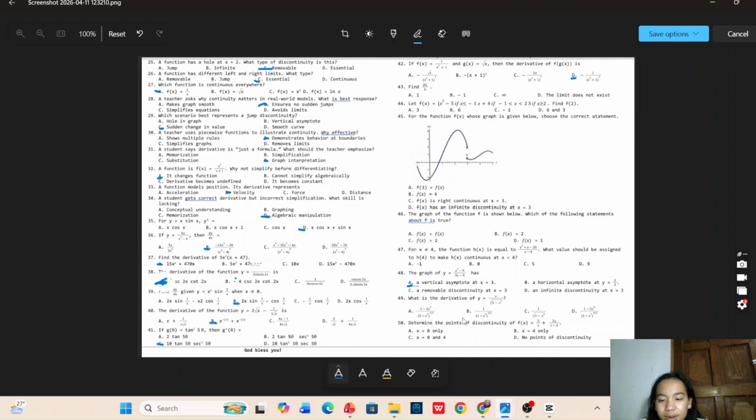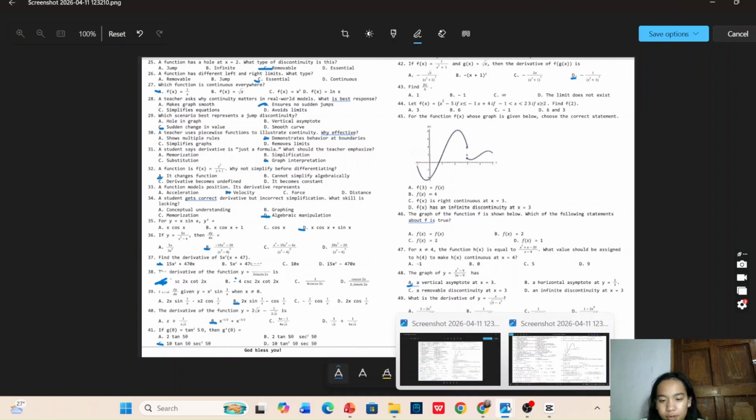What is the derivative of y equals x all over the square root of 1 minus x squared? Okay, let us try to plug it into our pathway. Y equals x all over the square root of 1 minus x squared.